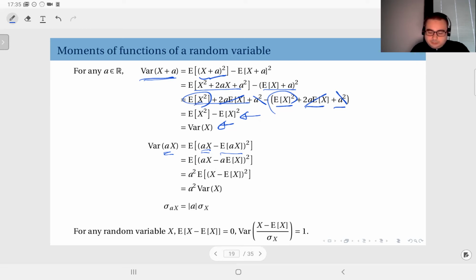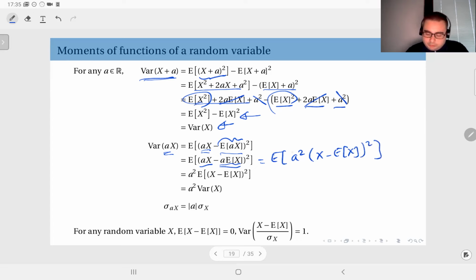And you see this expectation I can write as a times the expectation of x. So I have a times x minus a times the expected value of x. I can take a out as a common term in parentheses. And therefore that will be a squared times x minus the mean squared.